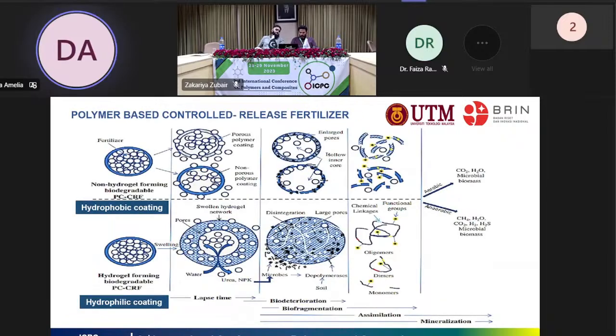In the CRF biodegradation process in soil, the non-hydrogel-forming coating is hydrophobic and the hydrogel-forming coating is hydrophilic. CRF with a hydrophobic surface may have a porous or non-porous coating.